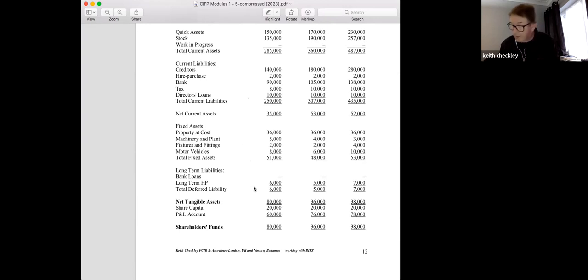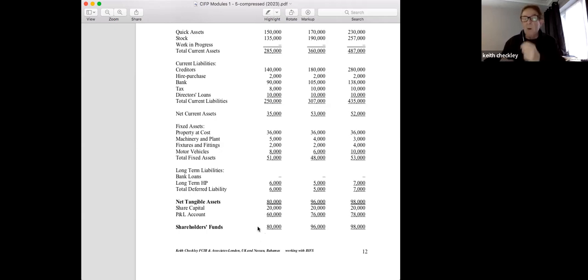So we had 256. So we got total assets of $336,000, total liabilities of $256,000. Take one from the other, and with a bit of luck, you'll get $80,000, which proves what the net worth is.